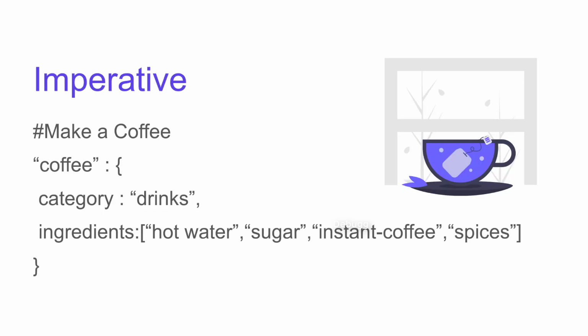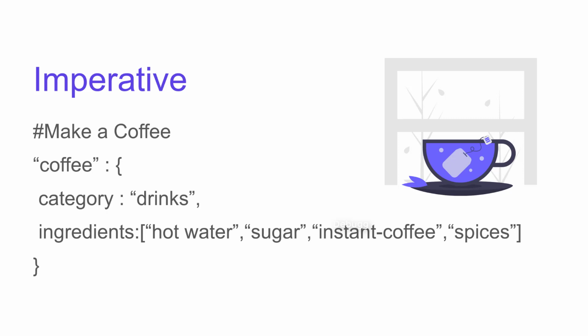Now let's see what the properties of infrastructure as code are, when we are provisioning resources using code. The first one is imperative. Let's say we need to create a coffee using infrastructure as code.